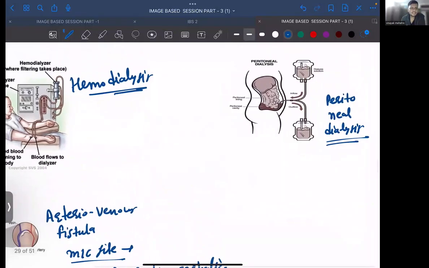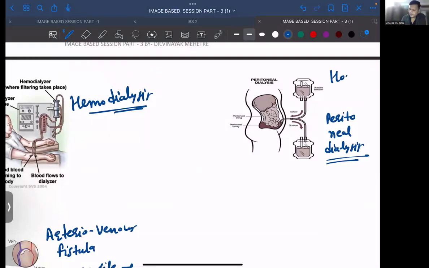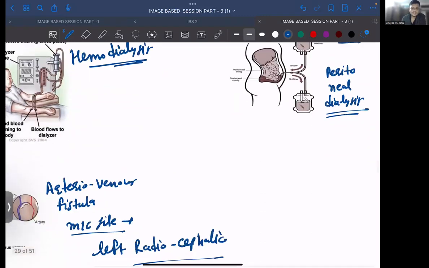Why is peritoneal dialysis not done? Peritoneal dialysis can be done at home. The patient does not need to come to the hospital. What is the disadvantage of this? Infection. Infection is the most dangerous complication, right?